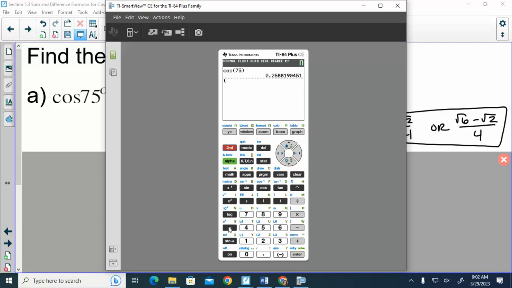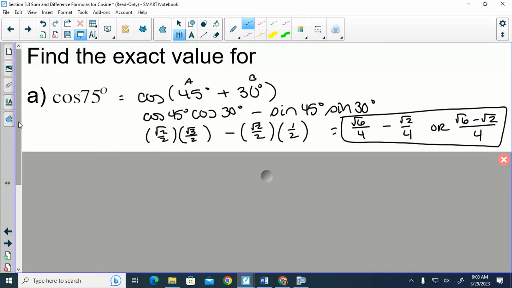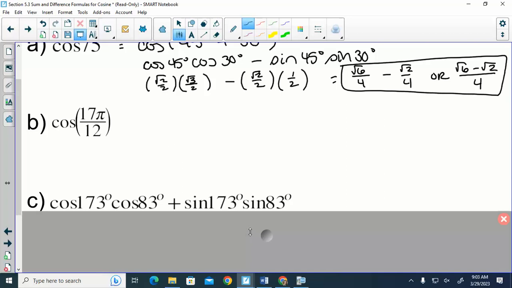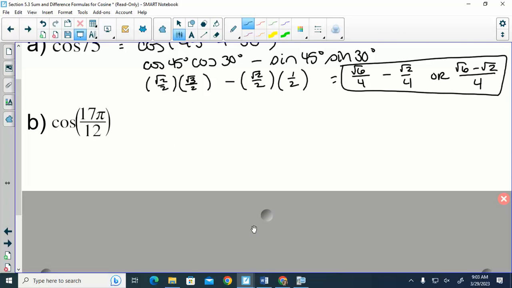We have the square root of 6 minus the square root of 2, all divided by 4. And you see we get the same decimal. Okay, so we have the exact value, the radical form, but you could use that calculator to double check and make sure your values worked. Any questions there? Let's try another.